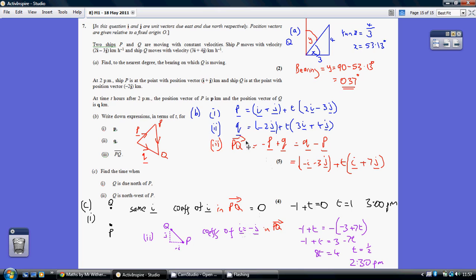So again, looking at PQ, we need the i coefficient, so that again is the minus 1 plus t, on this occasion to equal minus the j coefficient, so minus 3 plus 7t. So we need to solve this, so t is a half, an hour after 2 p.m, that's 2:30 p.m.